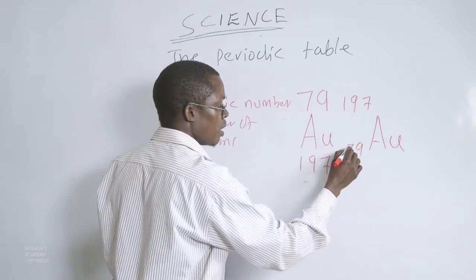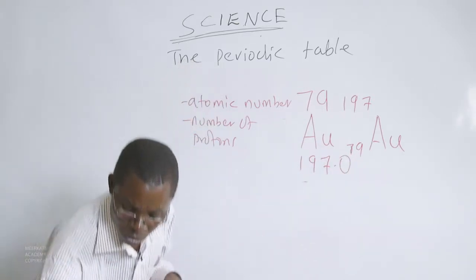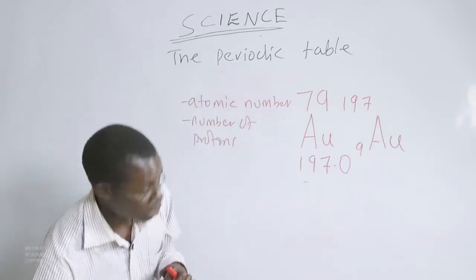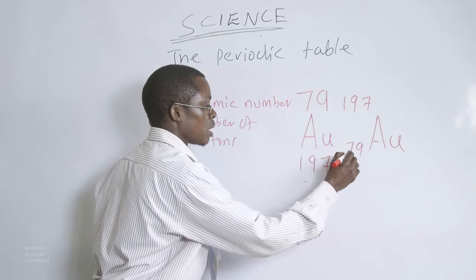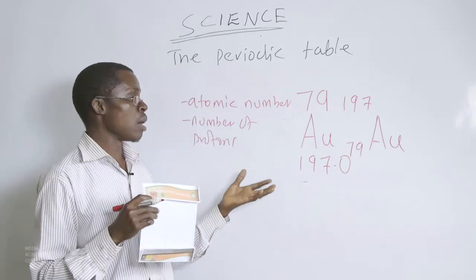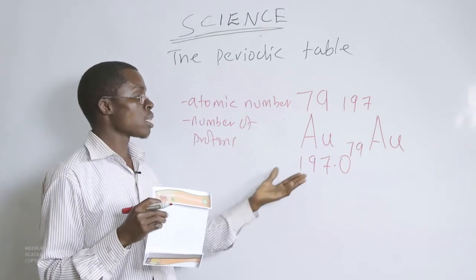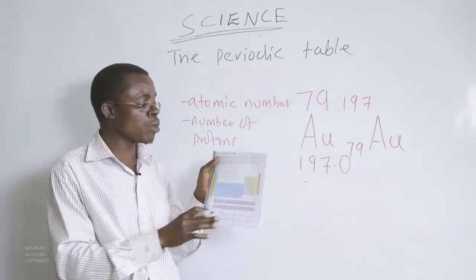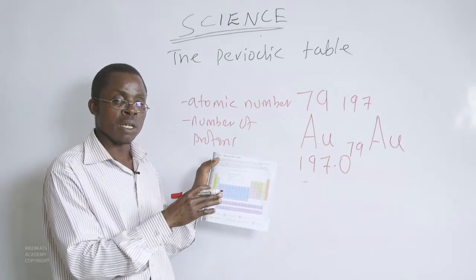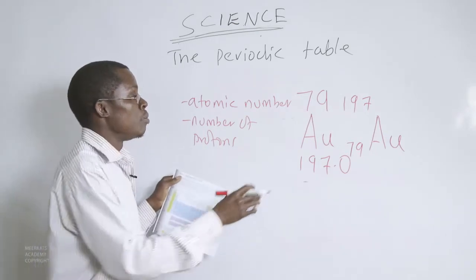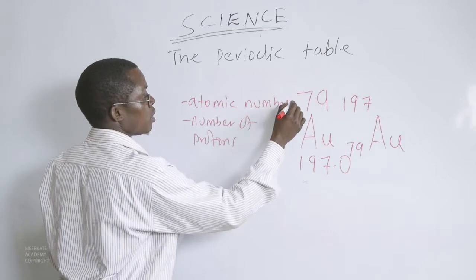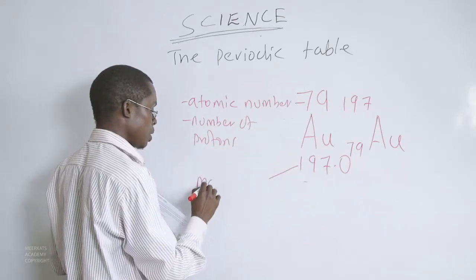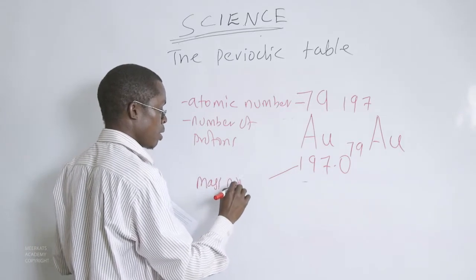So in whichever way, the small number you will always be seeing is the atomic number, or the number of protons, and the big number you will always be seeing, irrespective of the periodic table you may get and the position, is the mass number.